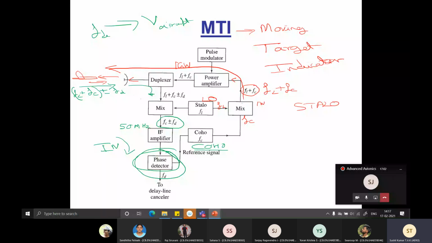And the clue is that the phase of the incoming signal changes with time for a moving target. For a stationary target, it's constant.